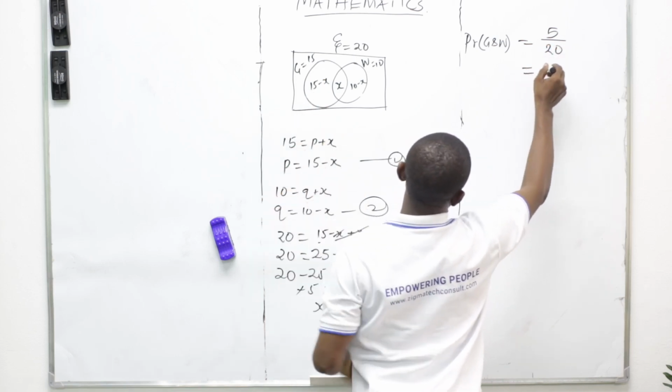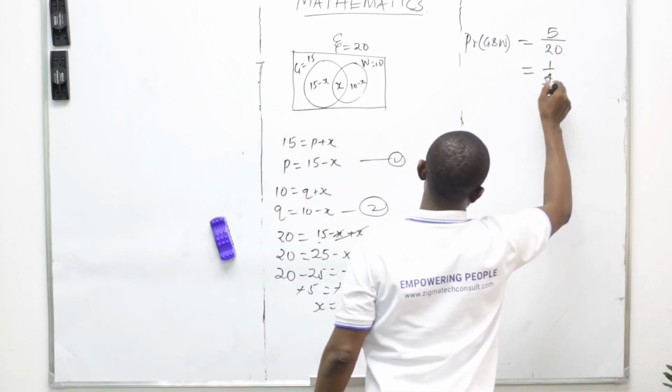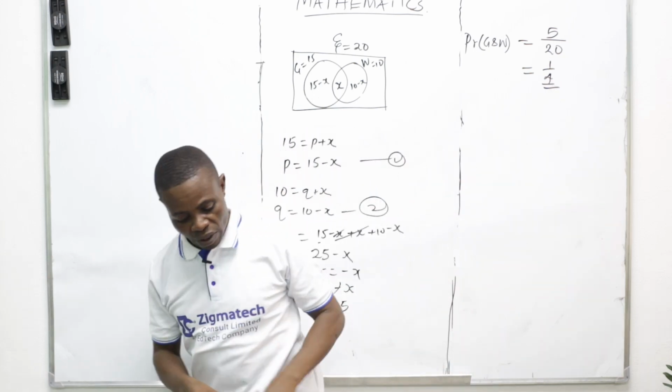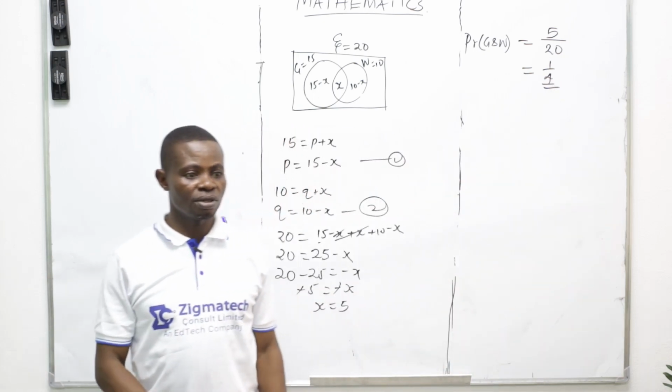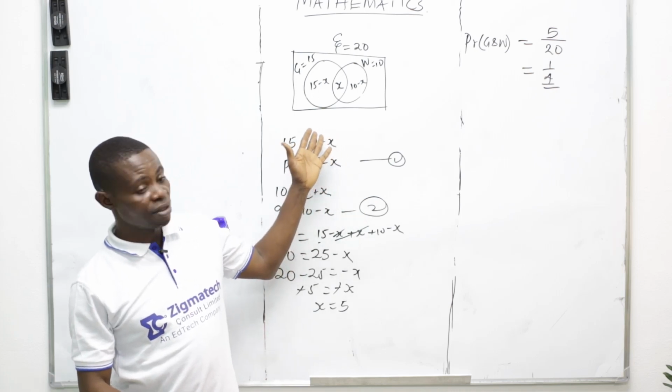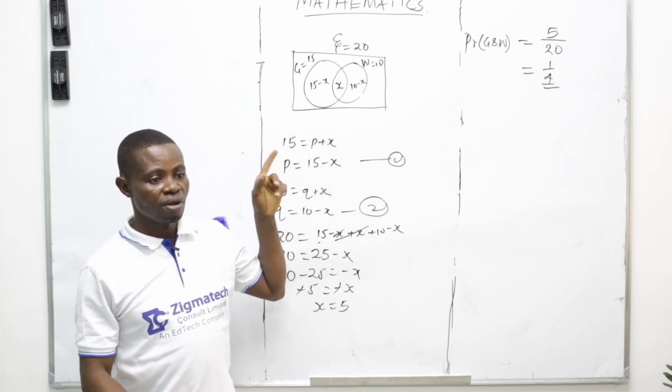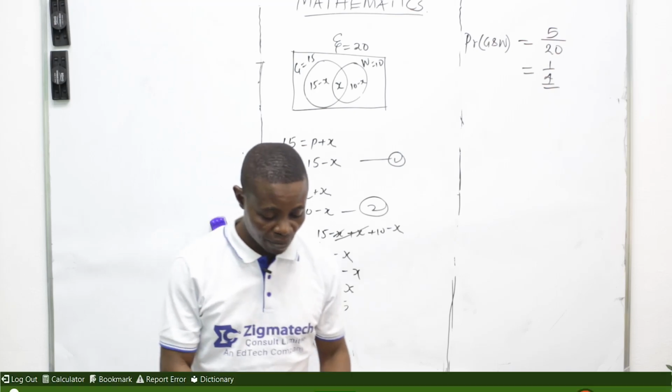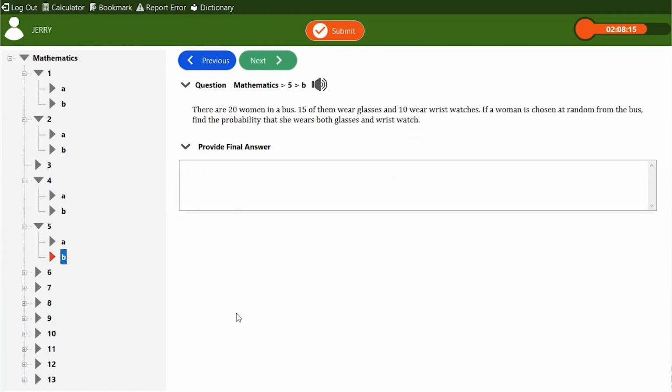So our solution is 1 all over 4. That solved the solution. That is the answer to this question, 1 over 4. 1 over 4.